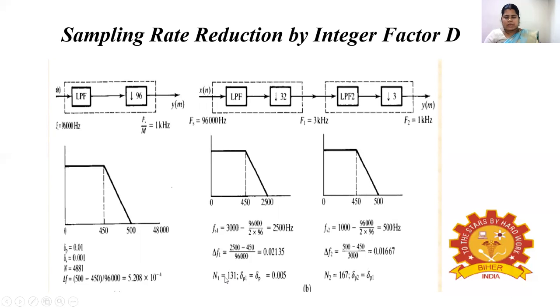Similarly, the length of the filter for stage 1 and stage 2 with passband ripples are obtained. So this is how an efficient decimator is designed using the given specifications.